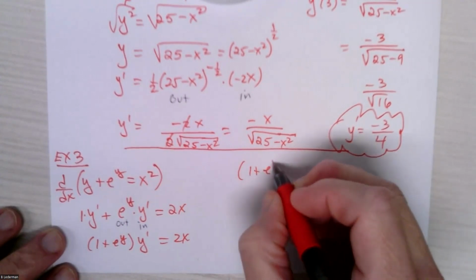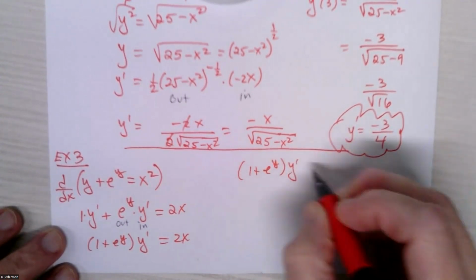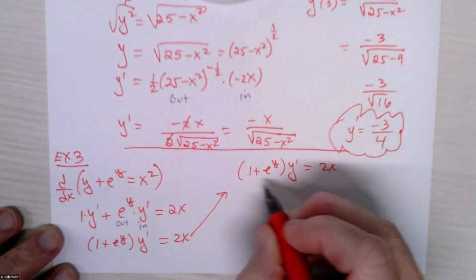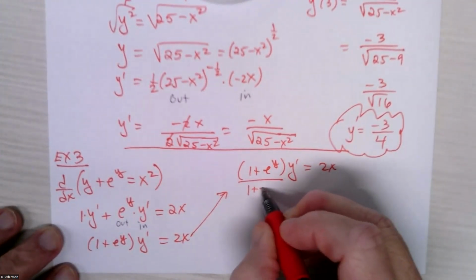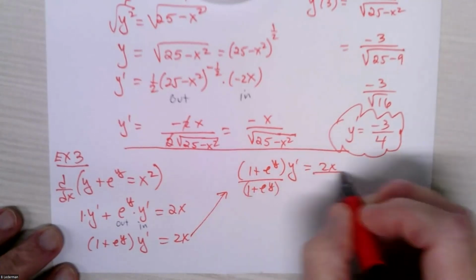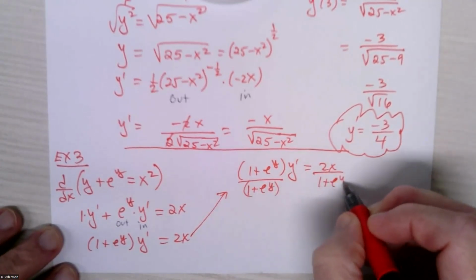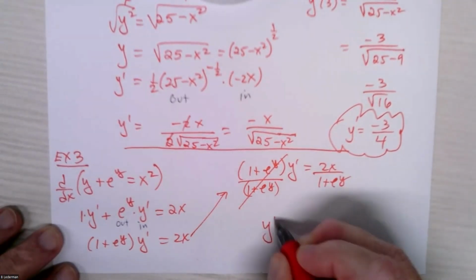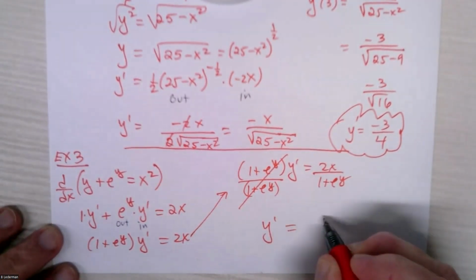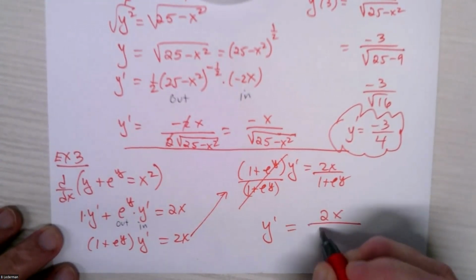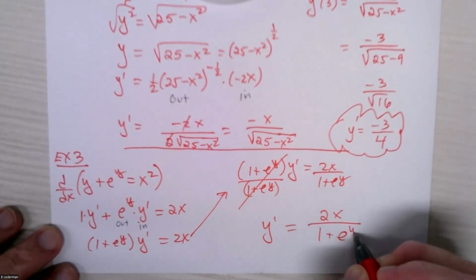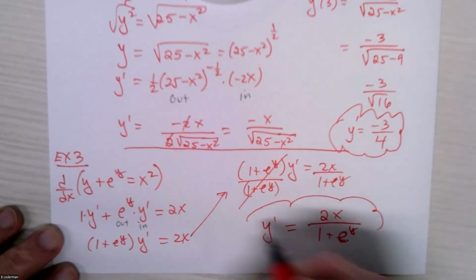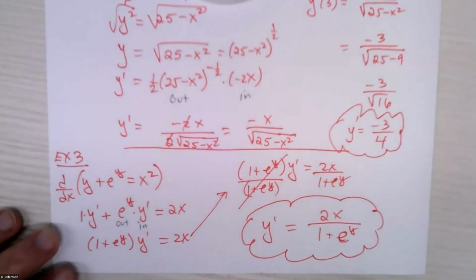Now I'm going to divide both sides by 1 plus e to the y, and that all cancels. My final answer is y prime equals 2x over 1 plus e to the y power. And that is how we do it.